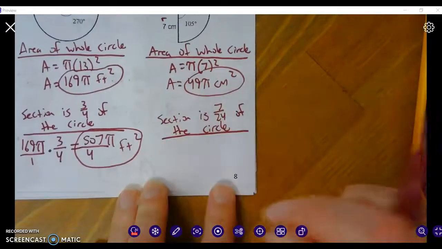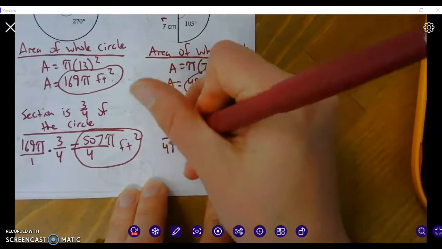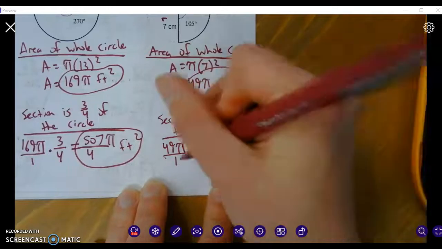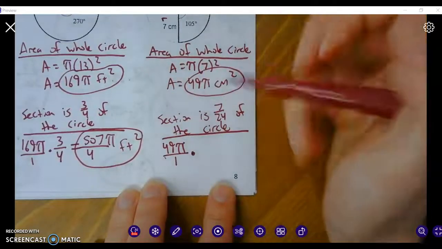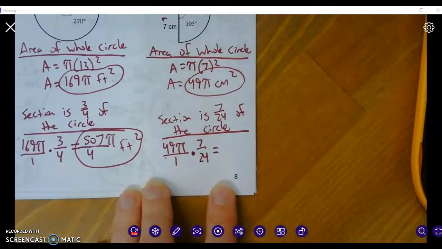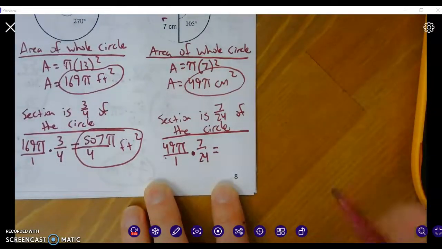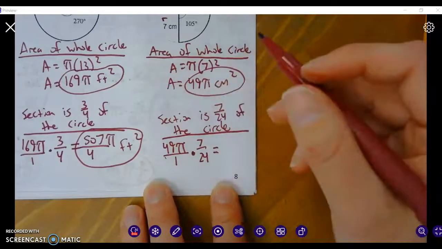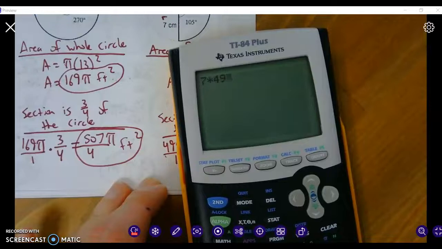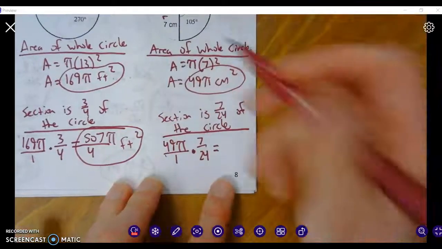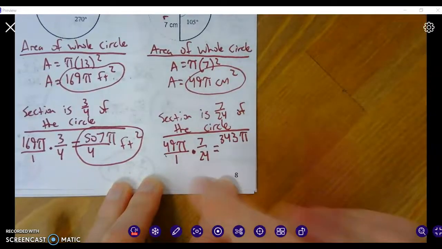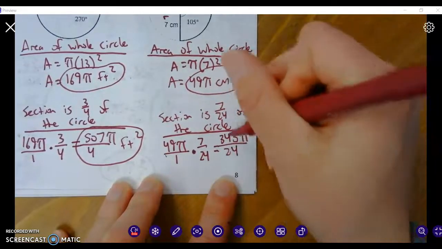So we take our answer, 49 pi, over an invisible 1 times that fraction. Okay, and then 7 times 49 is 343 pi, and then 1 times 24 is 24.